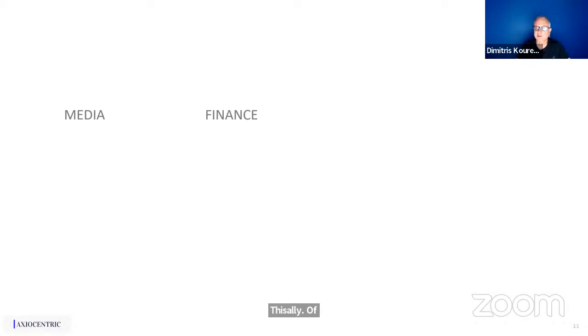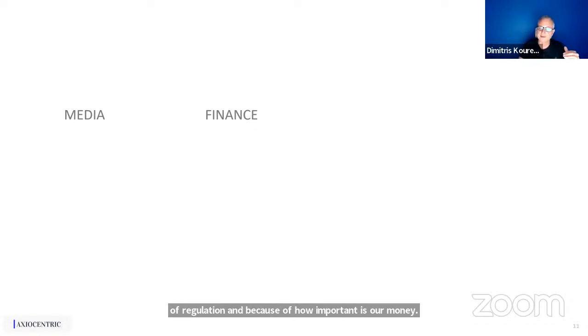Somehow the same with finance, because money became more and more digital. So we don't need physical money anymore to transact. We can do everything digitally. Of course, that's a different industry because of regulation and because of how important our money is. It was not disrupted so much like media.